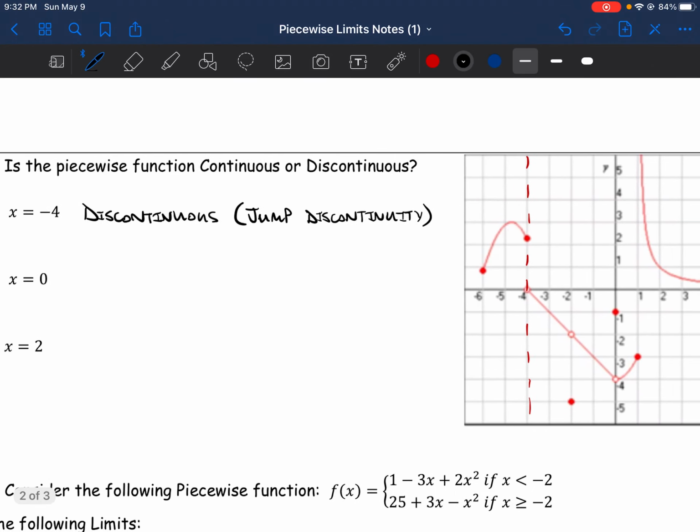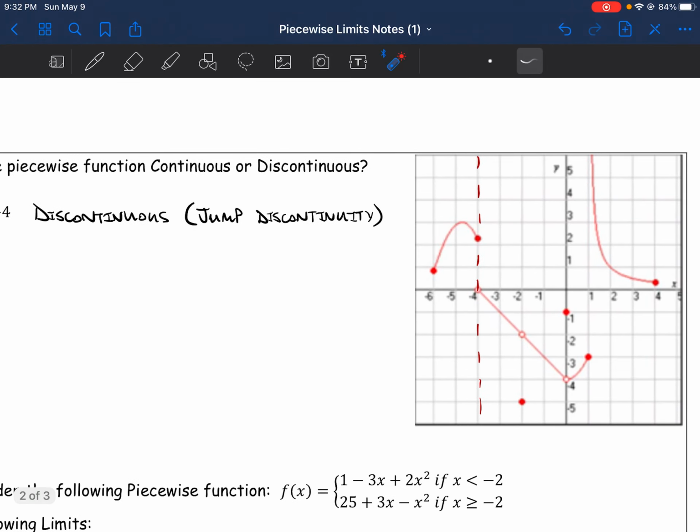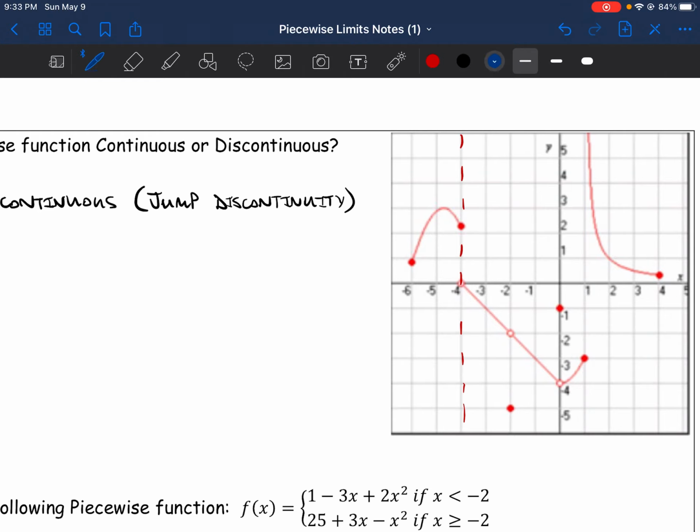Now let's look at x equals 0. So here at x equals 0, and again, I'm going to put maybe a little dotted line just to visually see where I'm looking. So as I continue to trace and get closer to 0 on the x-axis, notice this hole right here at 0. So this hole, if I were to trace it, means I'd have to stop at the hole, jump over the hole, and pick my pencil up to continue tracing the curve.